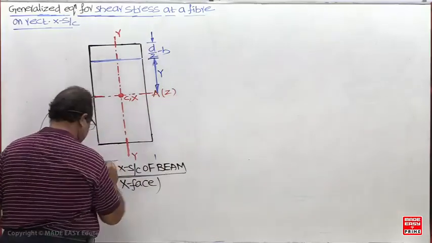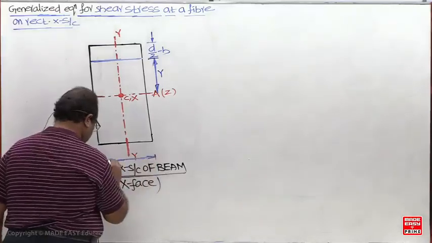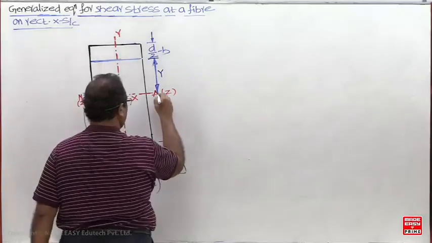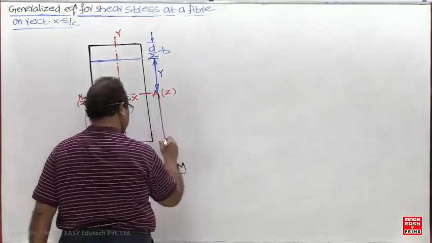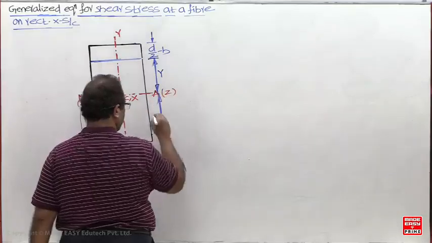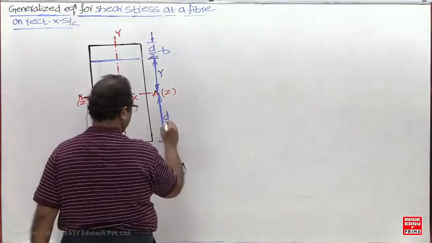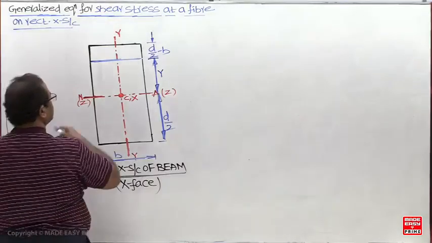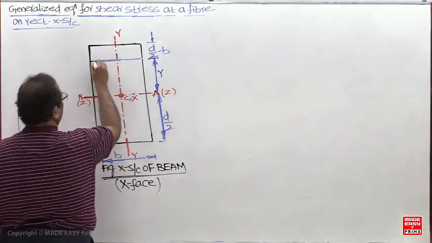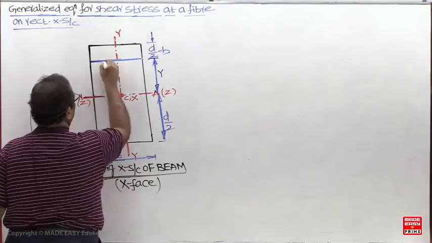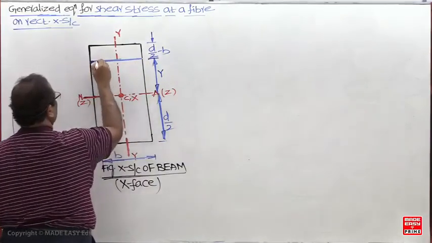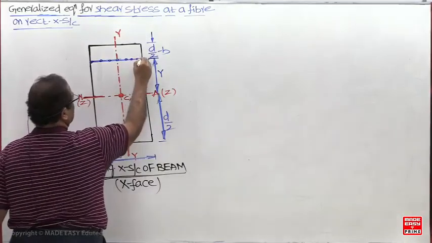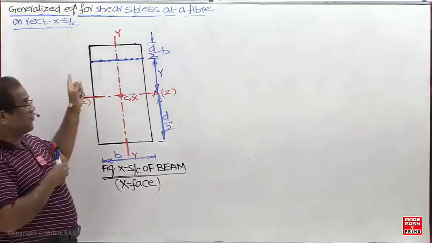This dimension is B. What are all these points now? What are these dots now? Points on the cross section, that is on this fiber.